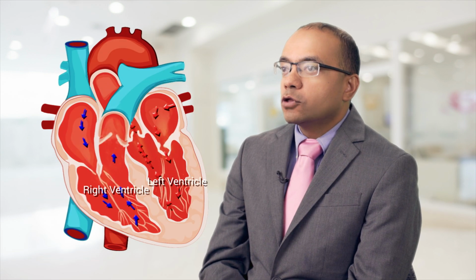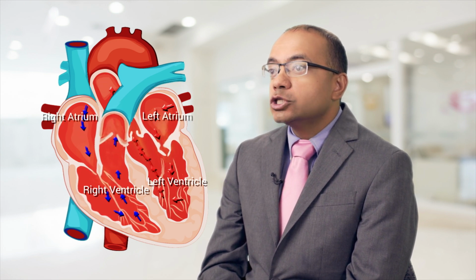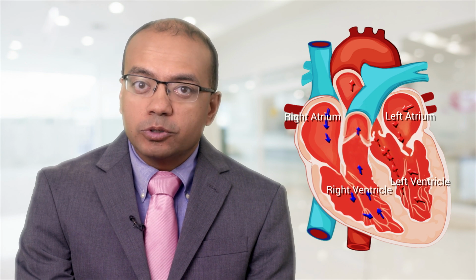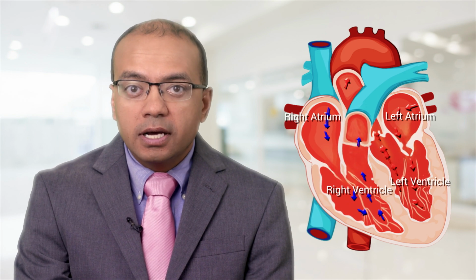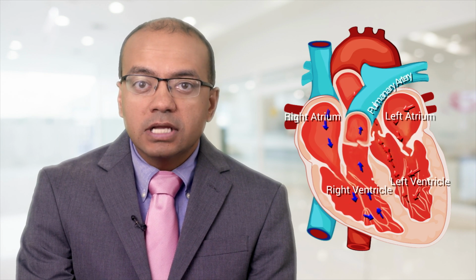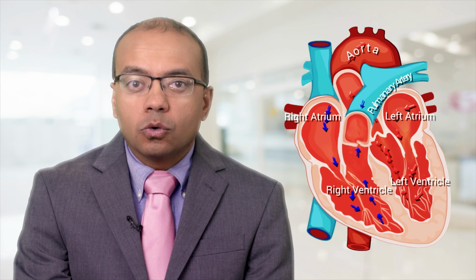What are the purposes of the heart chambers? The chambers on the top of the heart, which are the atria, function as reservoirs and passively accept the blood and deliver it to the ventricles. The right ventricle pumps the blood into the lungs, and the left ventricle pumps the blood to the body so the organs can then get the oxygen that they need.